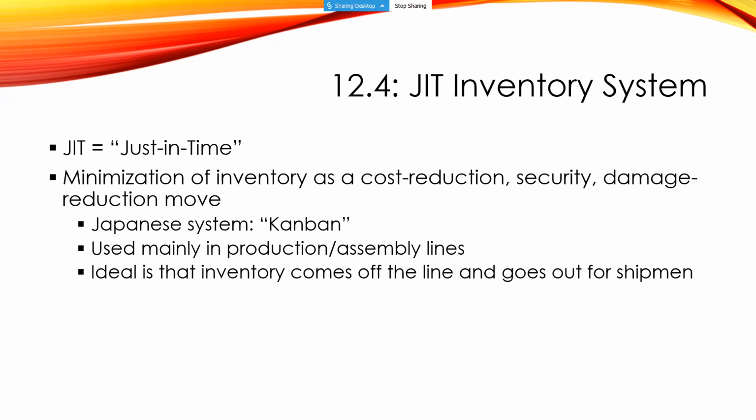Okay, so 12.4, the just-in-time inventory system. Not a whole lot of material on that. It's kind of a pipe dream, really. The Japanese actually have been the ones who popularized just in time, and they call it the Kanban system.